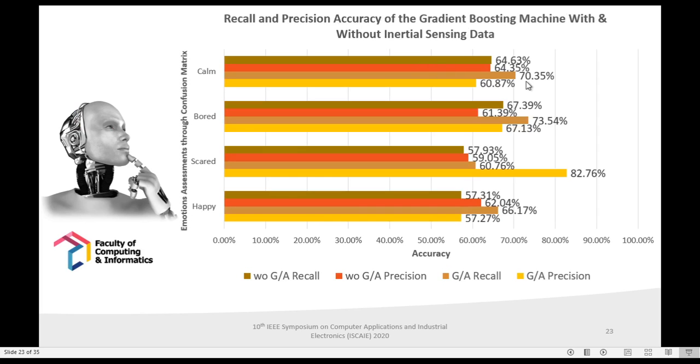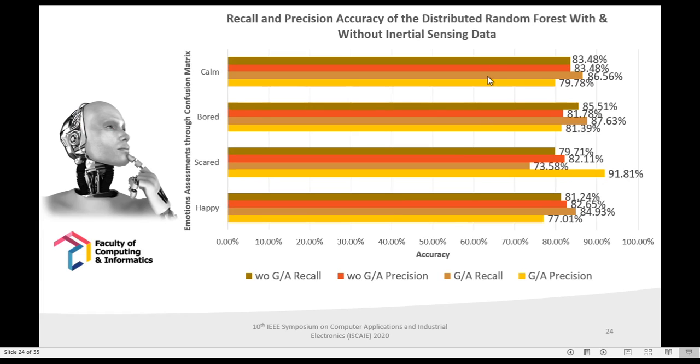For gradient boosting machine, we look over here, scared actually had the highest precision values. However, calm and happy actually suffered a little bit in precision accuracy, whereas bored over here actually increased slightly in precision accuracy.